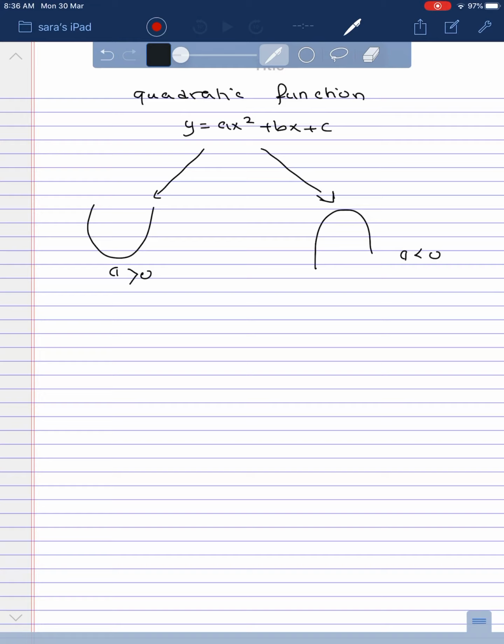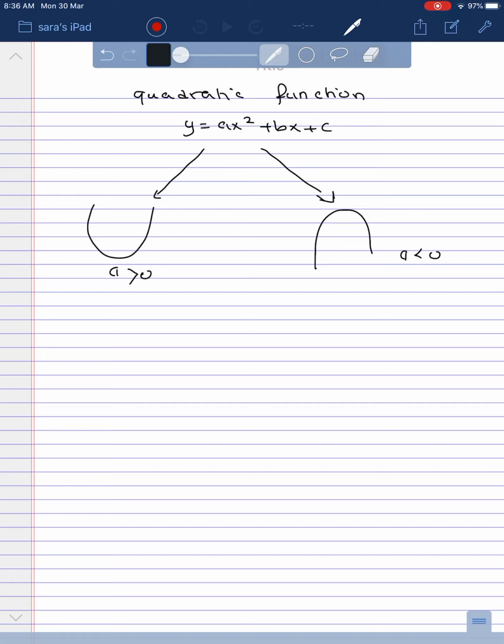If I have a quadratic function of the form y equals ax squared plus bx plus c, graphically I can represent this either by a U shape whose concavity is upward if a is greater than 0, or a U shape where its concavity is downward if a is less than 0.